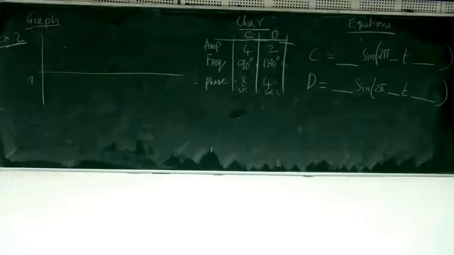Footnote 3.1. It is 314. The equations for all the waves are generated as omega t plus phi.